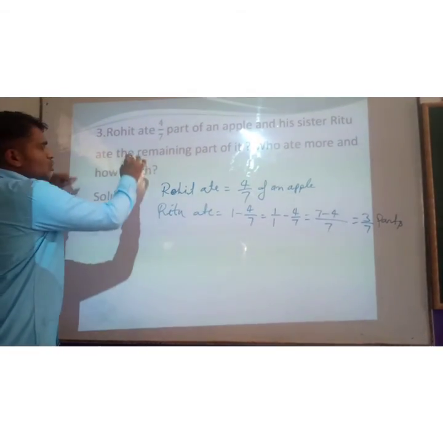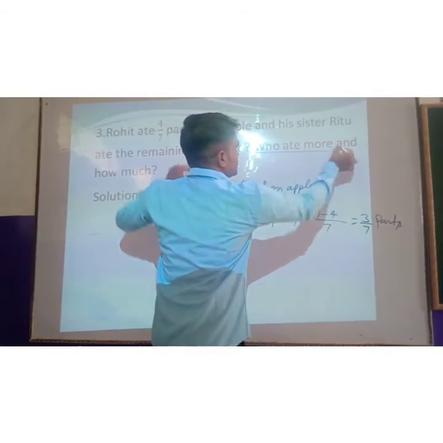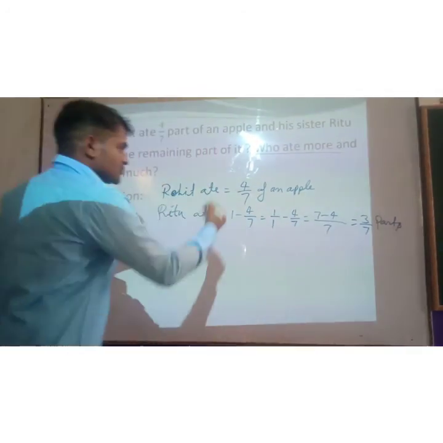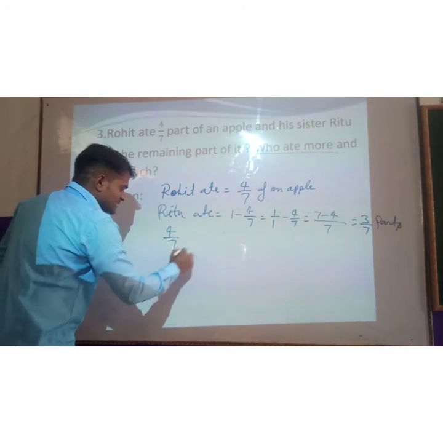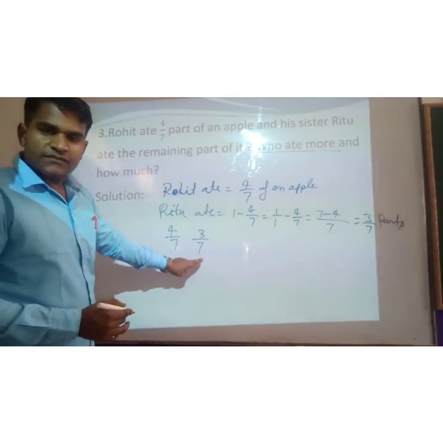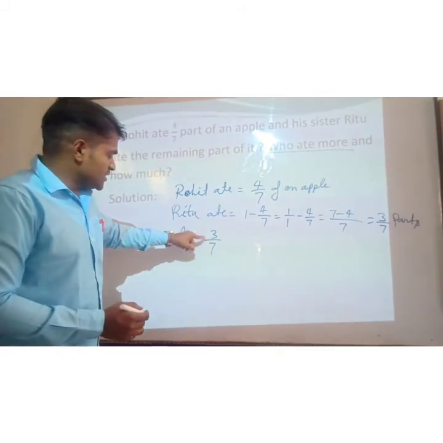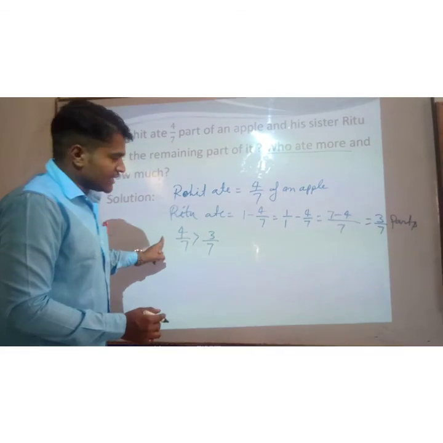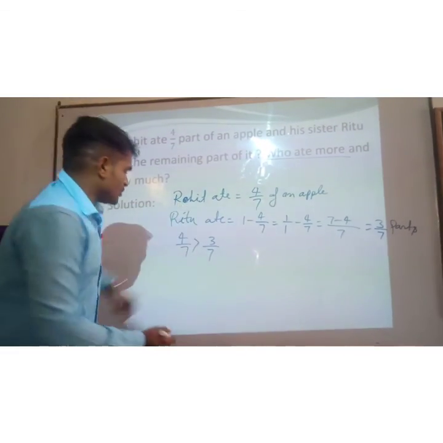But it is asked who ate more. So we have to compare 4 upon 7 and 3 upon 7. Denominators are the same, and whose numerator is greater? 4. Okay, it means 4 upon 7 is greater. It means Rohit ate more.